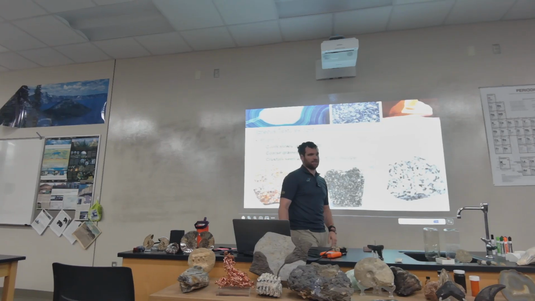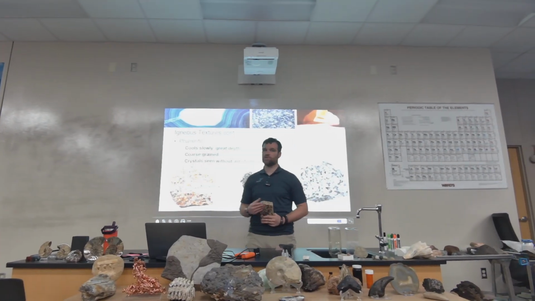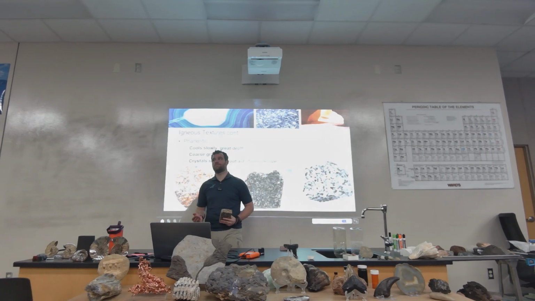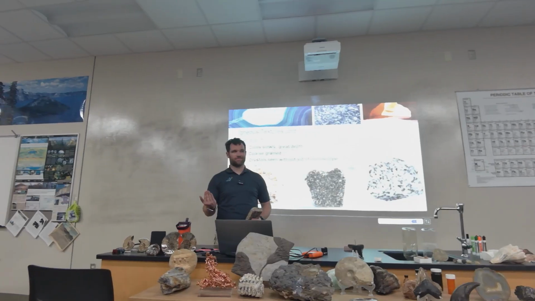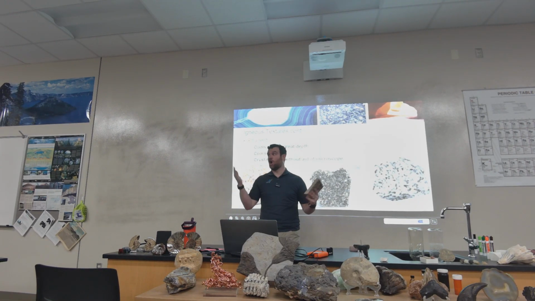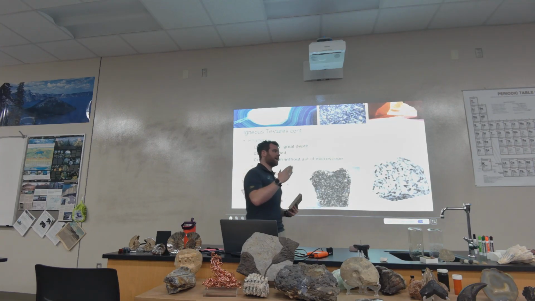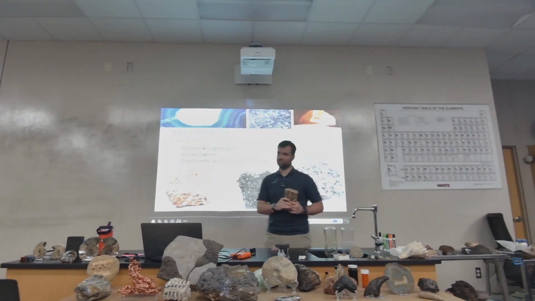Phaneritic igneous texture is where you have large, easily seen crystals corresponding to what kind of cooling? Long or short cooling? Long. Longer the cooling, larger the crystals, right? Okay, so when a rock has that, we say it has a phaneritic igneous texture.